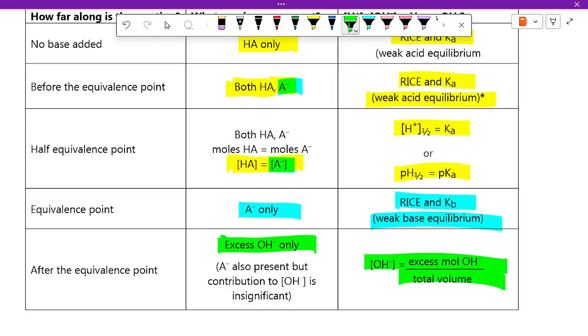What are the chances of them making you do that? Not a lot. You need to know the concepts though, right? So if you take a weak base and you react it with a strong acid, you can say, okay, so I start basic because I got a weak base. And then before I have excess base or excess acid, it's still going to be mostly acidic, right?